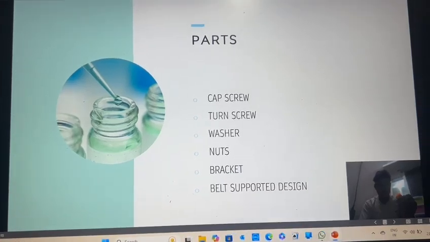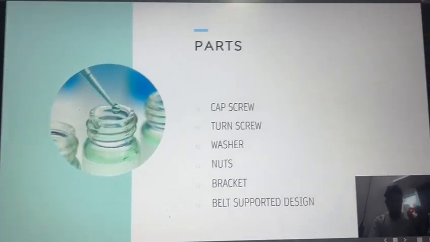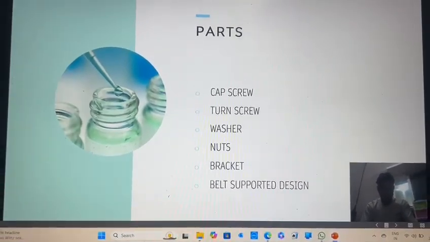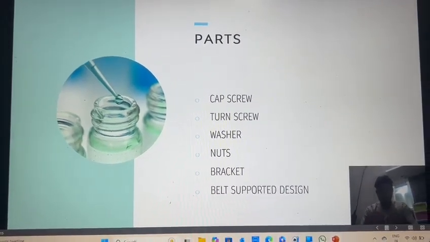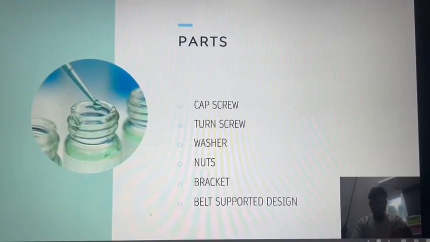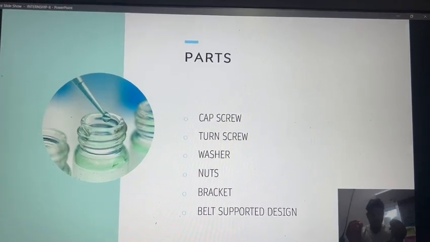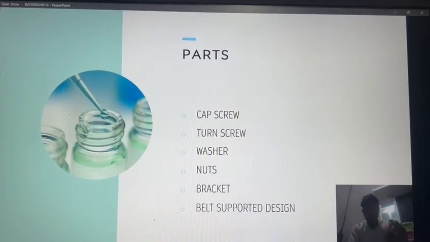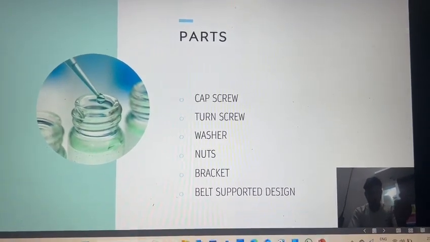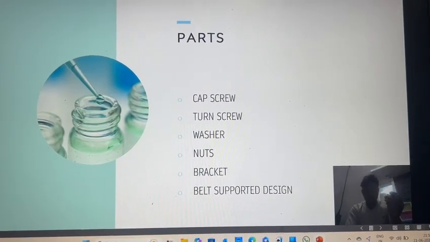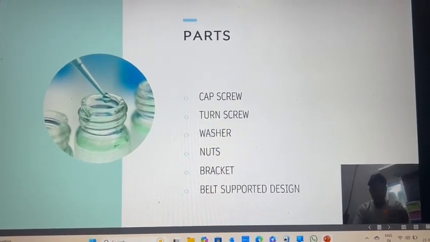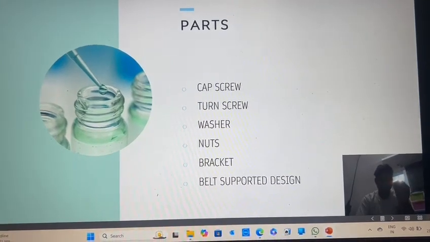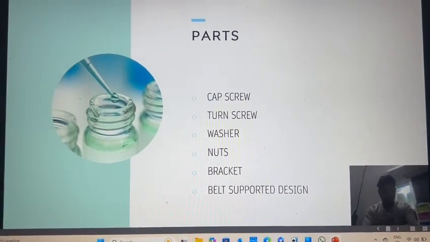And this is the turn screw. It looks like a ring-like structure. And this is the cap screw. Both are cap screws itself. It is used for a hook or a fixed hook part. It is not rotating. And this is the washer. And both are nuts.